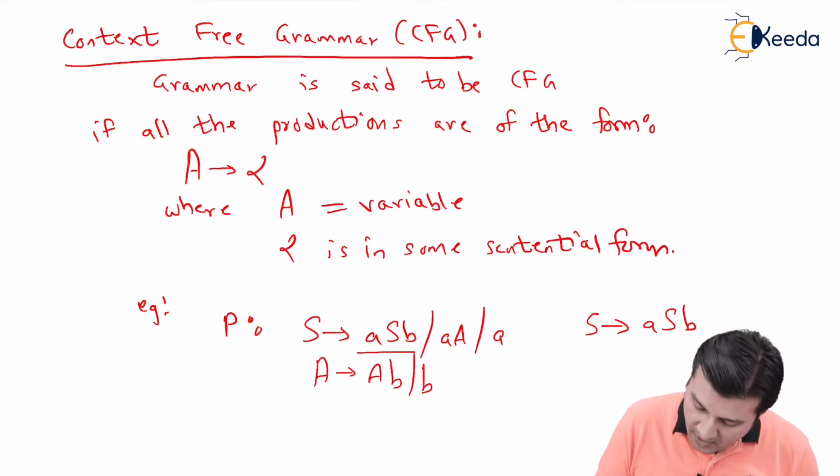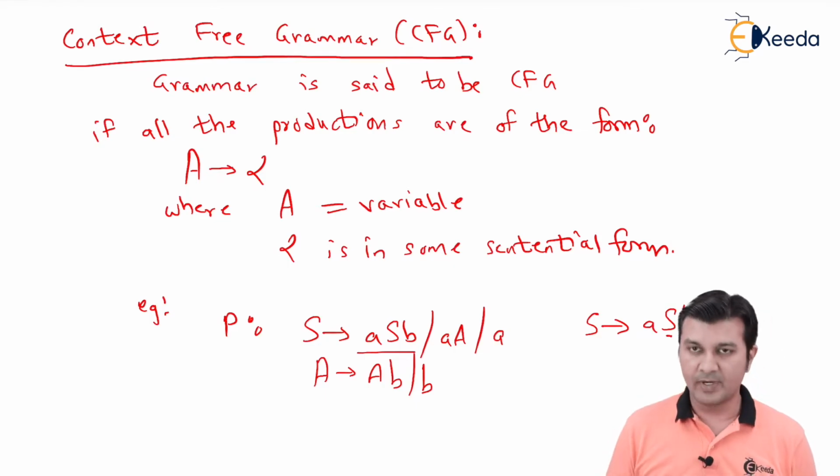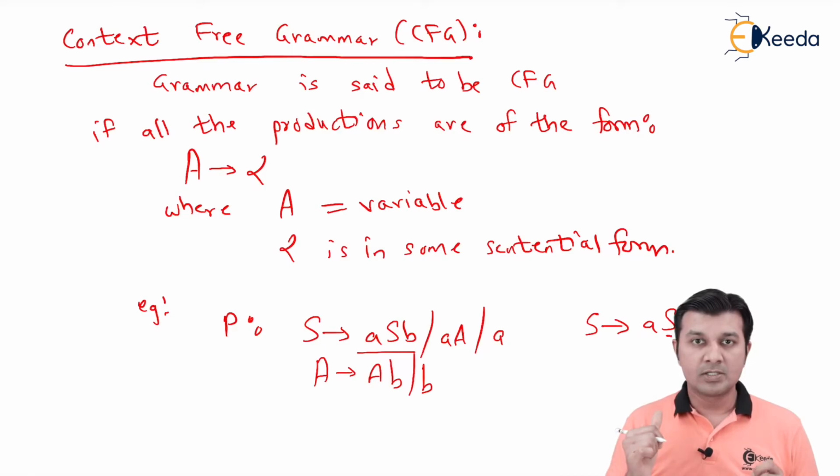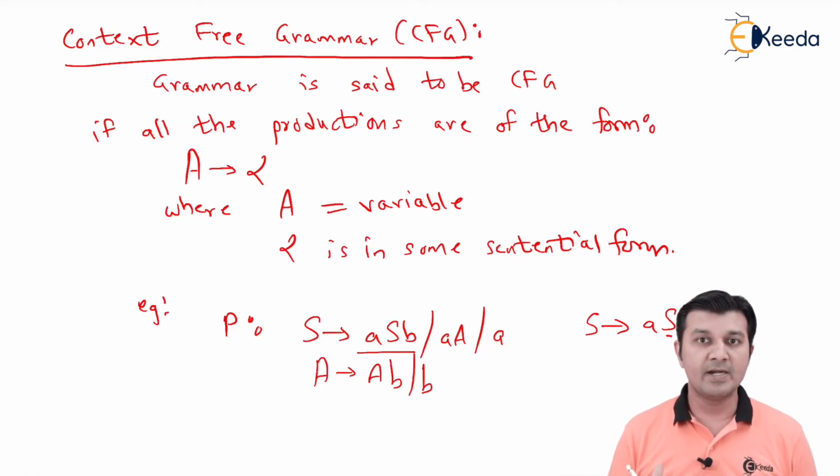Further, if I look at the next capital alphabet, remember a golden rule: the moment I get small alphabets, it is the end of it, because everything in small alphabets will be called a string. Whereas if the string contains any capital alphabet, that is variables, I can further derive it.